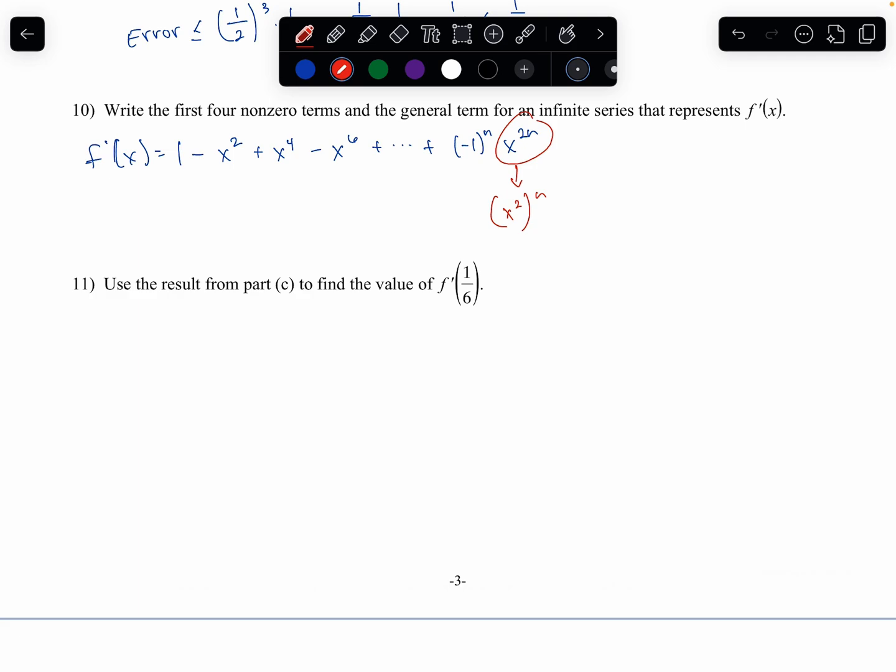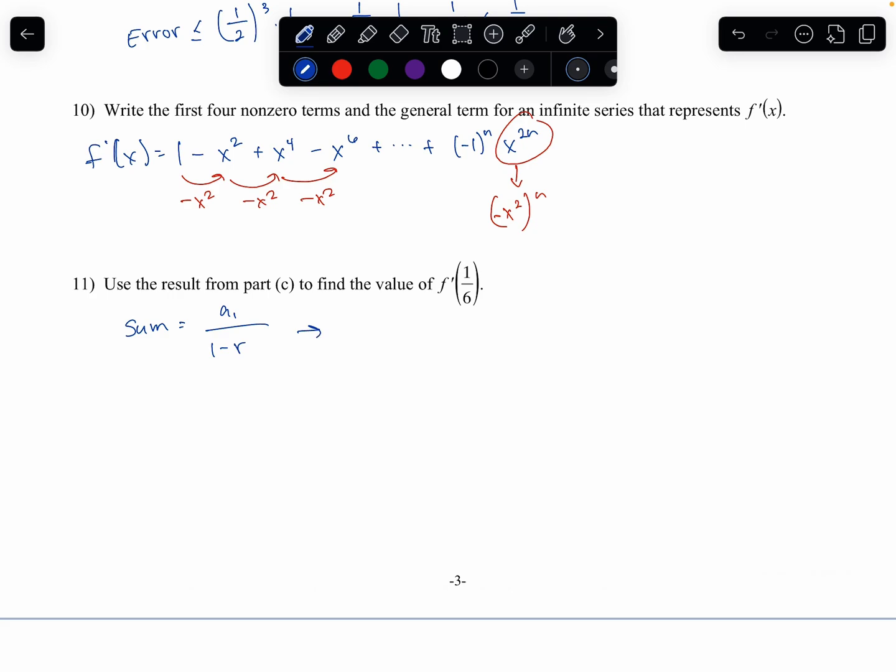I guess I could say negative x squared to the n, because this is also to the n power. And so there's a common ratio here. If I multiply this by negative x squared, multiply this by negative x squared, multiply this by negative x squared, you can see that there's a common ratio, meaning that this series is geometric. And the sum of a geometric series is equal to the first term over 1 minus r.